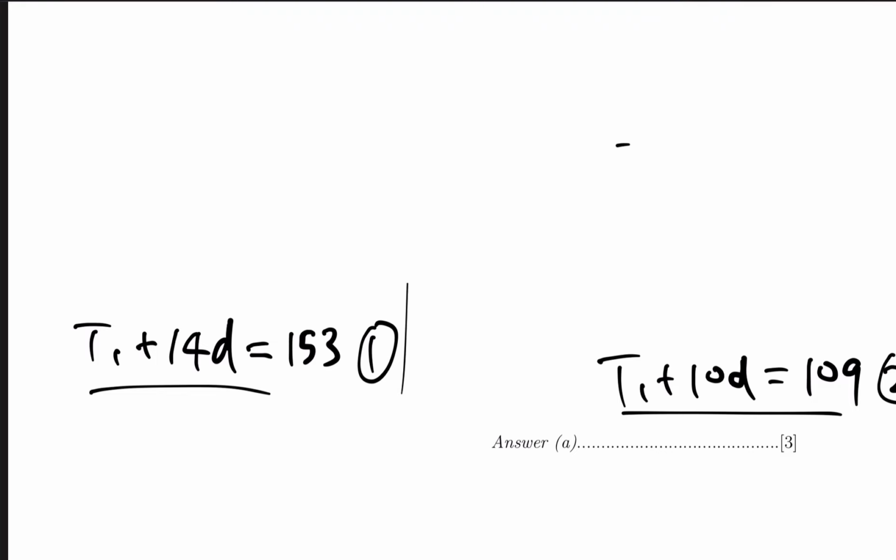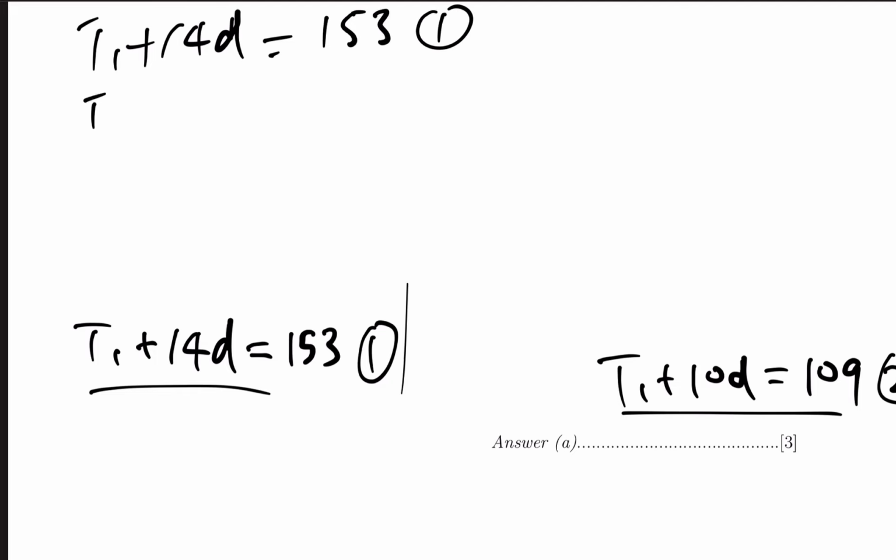Okay, so we have T1 plus 14d is equal to 153. That's our first equation, and also we have T1 plus 10d is equal to 109, our second equation.